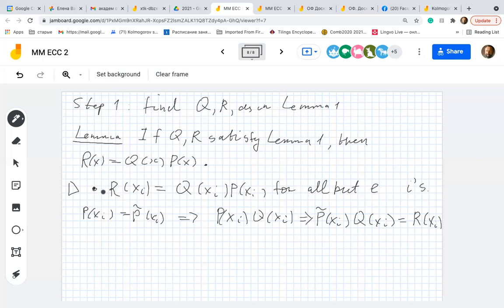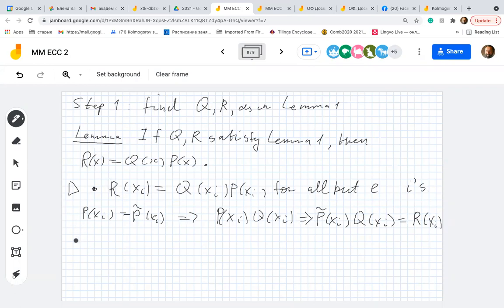And so we obtain that this equality holds for all points except maybe some e points. So that means that this equality holds in at least n minus e points. And if two polynomials have the same values in some points where the number of points is larger than the degree of the polynomials, then those polynomials are actually equal as polynomials. They have the same coefficients.